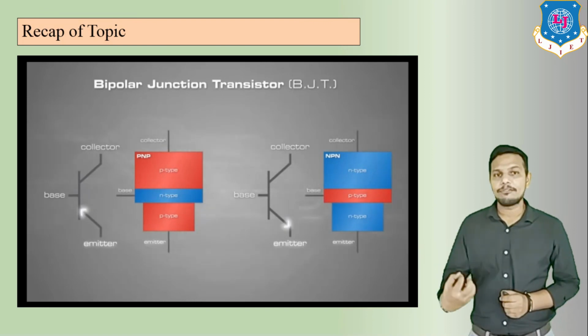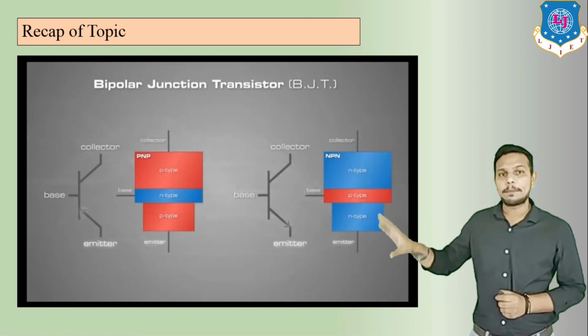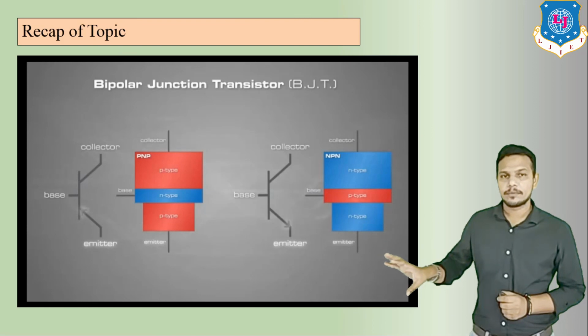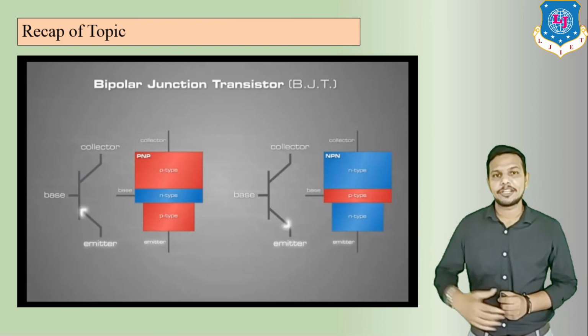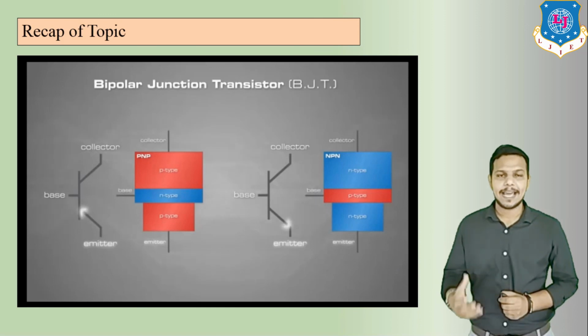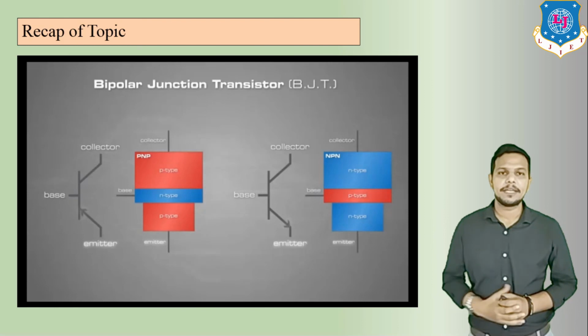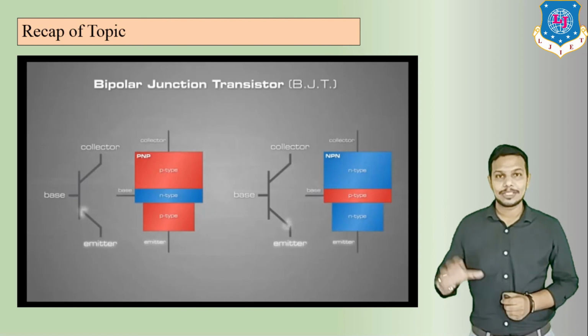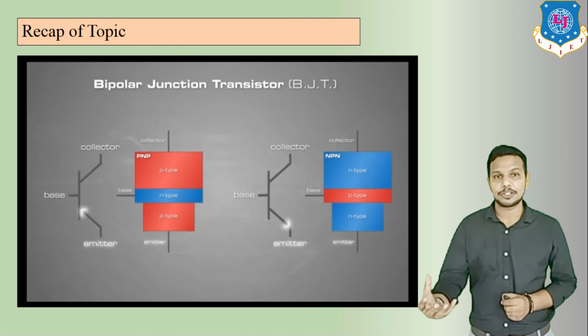Now, how can we identify a PNP or NPN transistor? With the help of the arrow. If the arrow points outward, it shows NPN, and if the arrow points inward, it shows PNP.